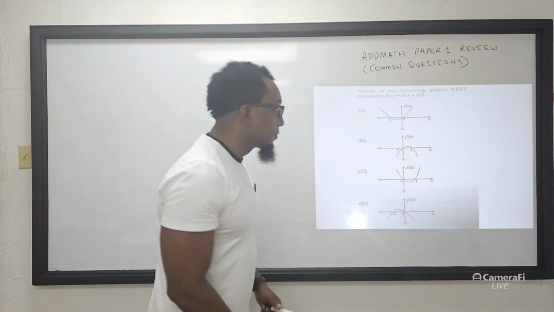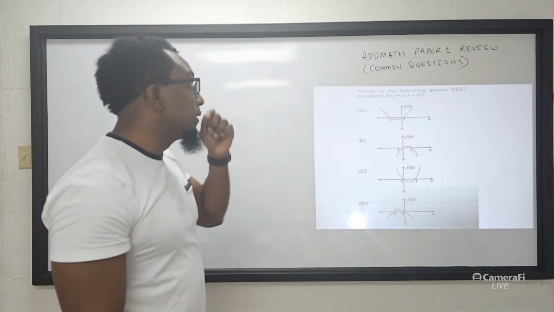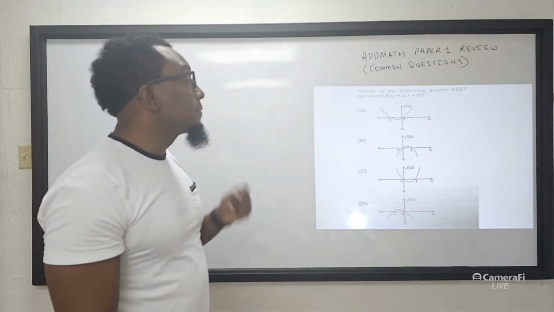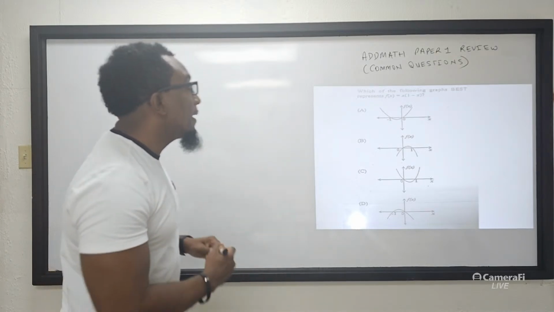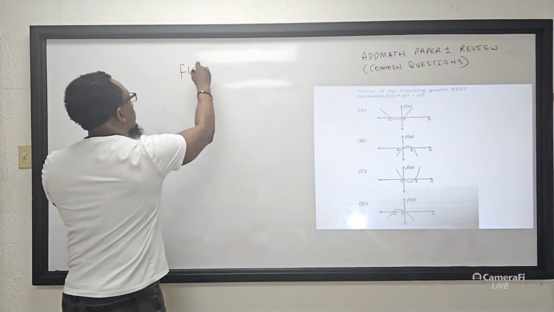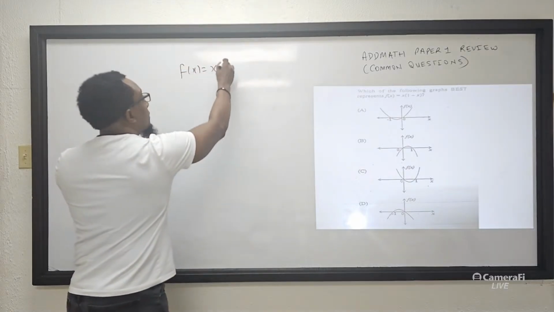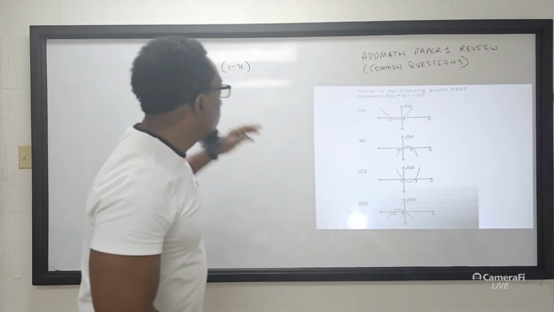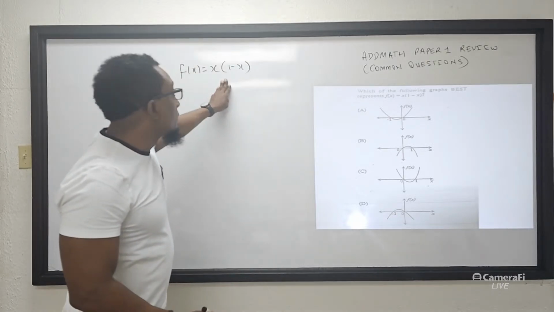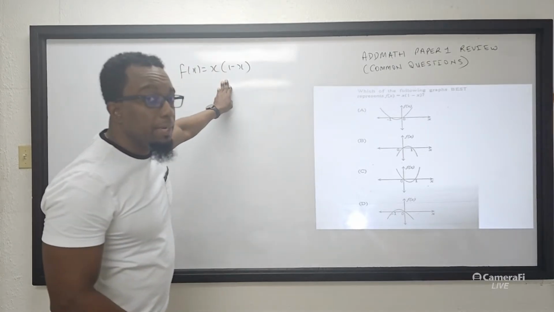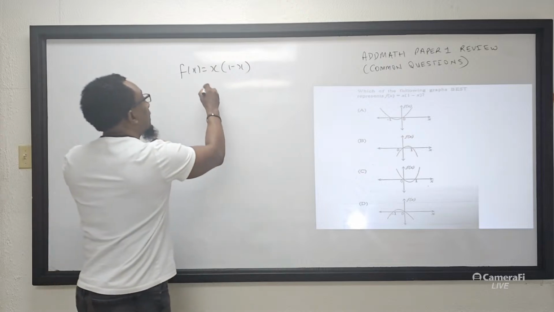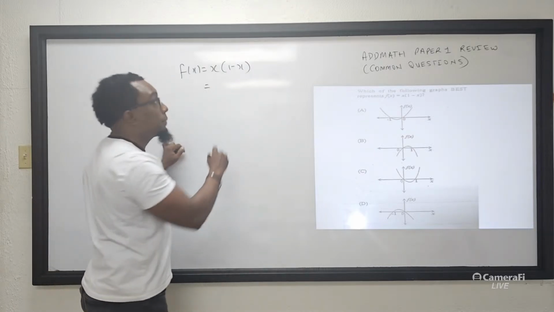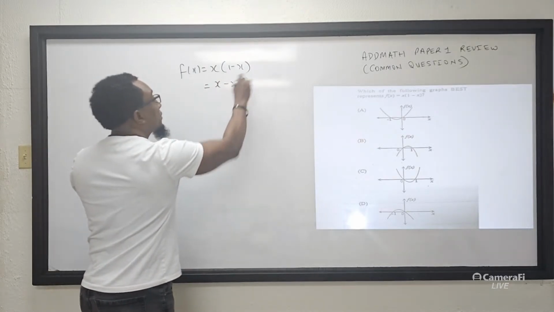Right. So another very common question. Which of the following best describes the function f of x is equal to x into 1 minus x? So when we expand this expression here, when I remove my brackets, I'm going to get f of x can also be expressed as x minus x squared.